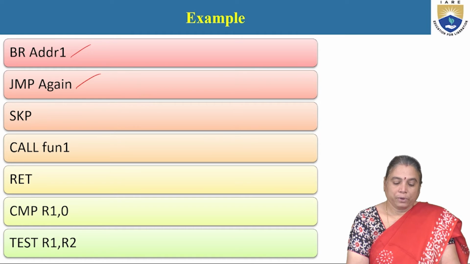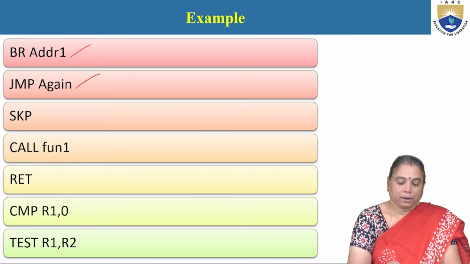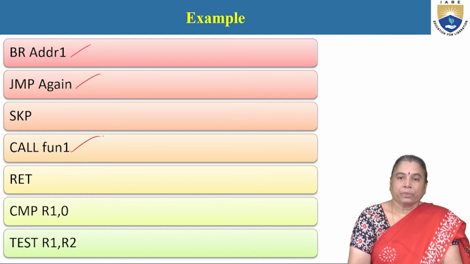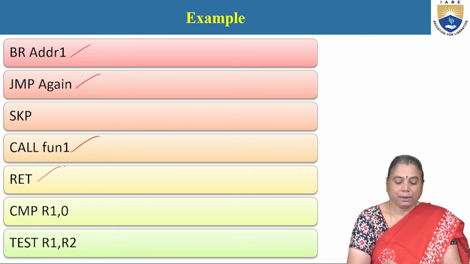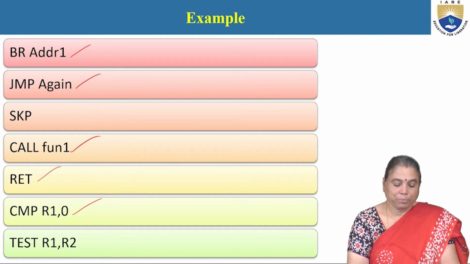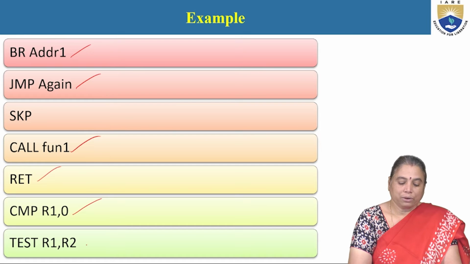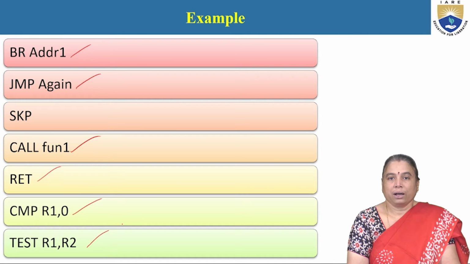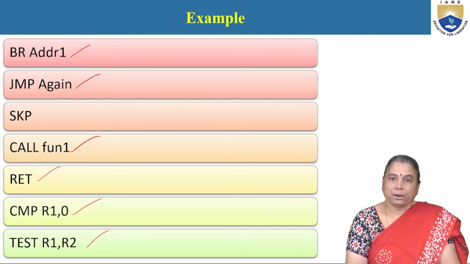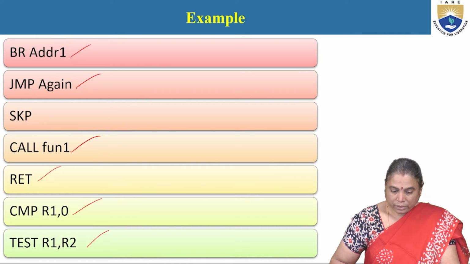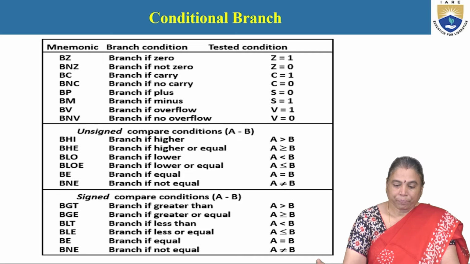Skip, and in order to call a procedure, CALL function 1, and while returning from the procedure, RET. CMP compares the register value to check whether it contains 0, and the AND operation can be performed, testing the two values R1 and R2 with the AND logical operation. Like this, the program control statements can be used in assembly language.